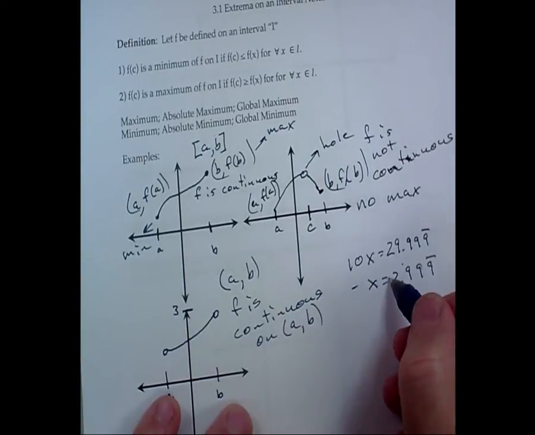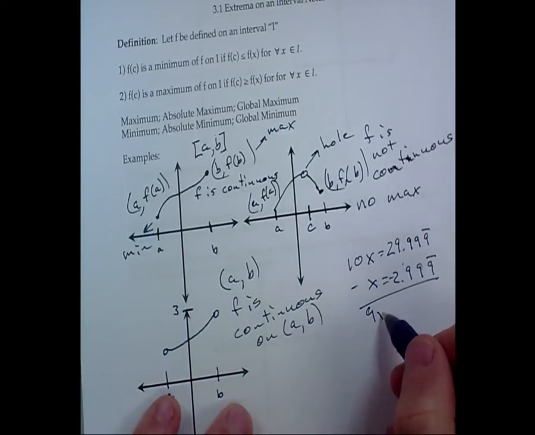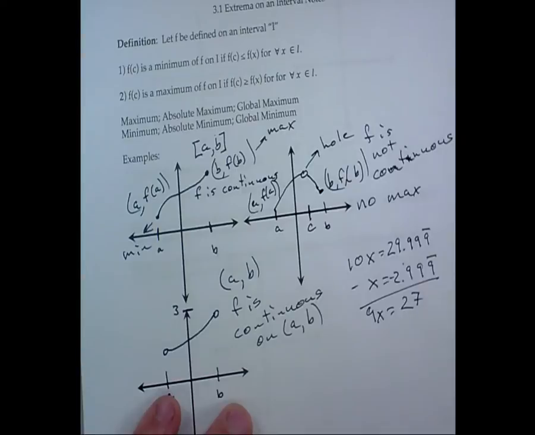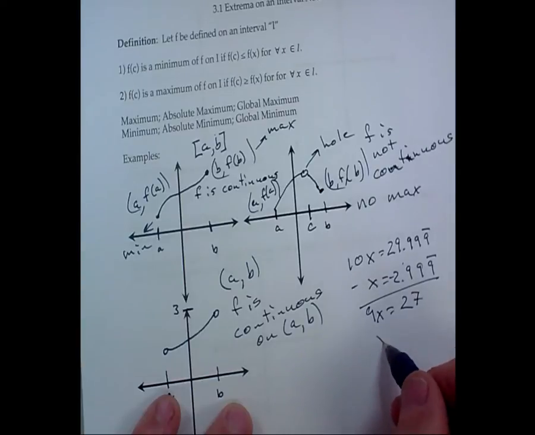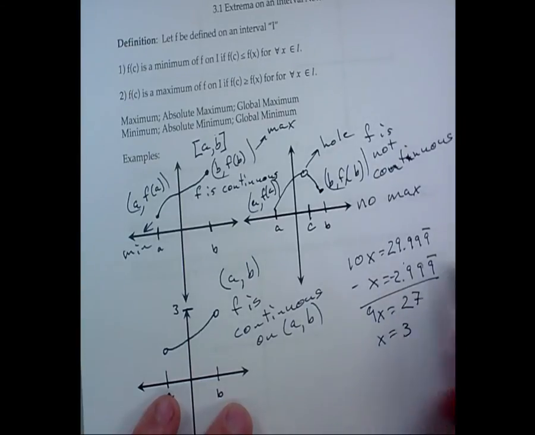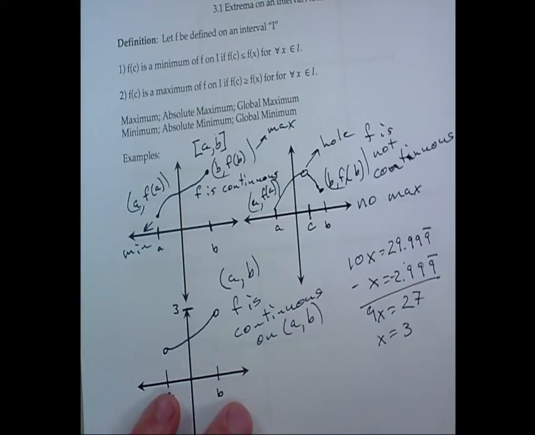You subtract both sides, you get 9x is equal to 27. And that means when you divide both sides by 9, you get 3. But x is equal to 2.9 repeating. Hence, they have to be the same. So I thought that was a pretty cool proof.